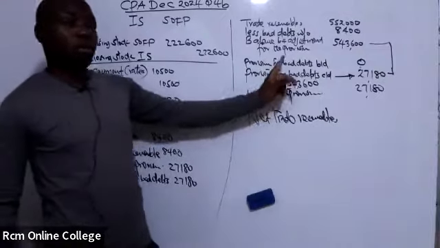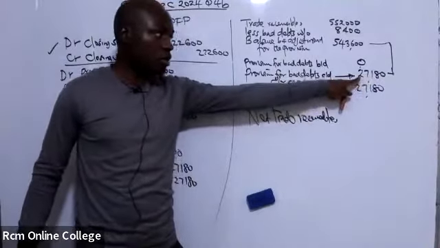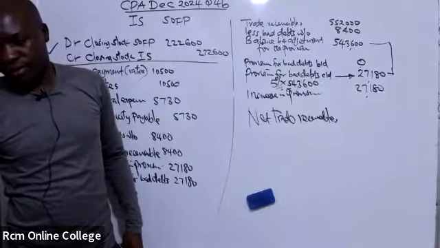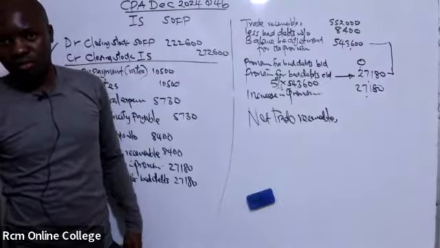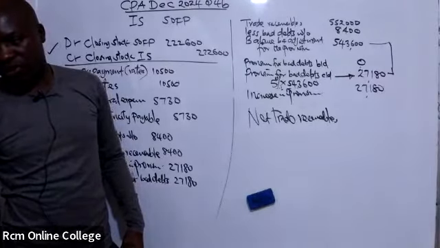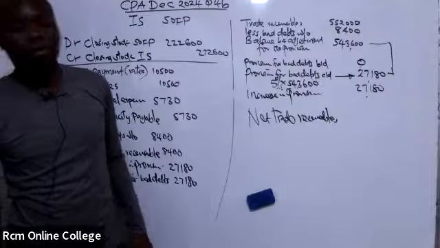The 27,180 I'm referring to is the provision for bad debts at the end of this one. What will you have? 543,600 minus 27,180 is 516,420.